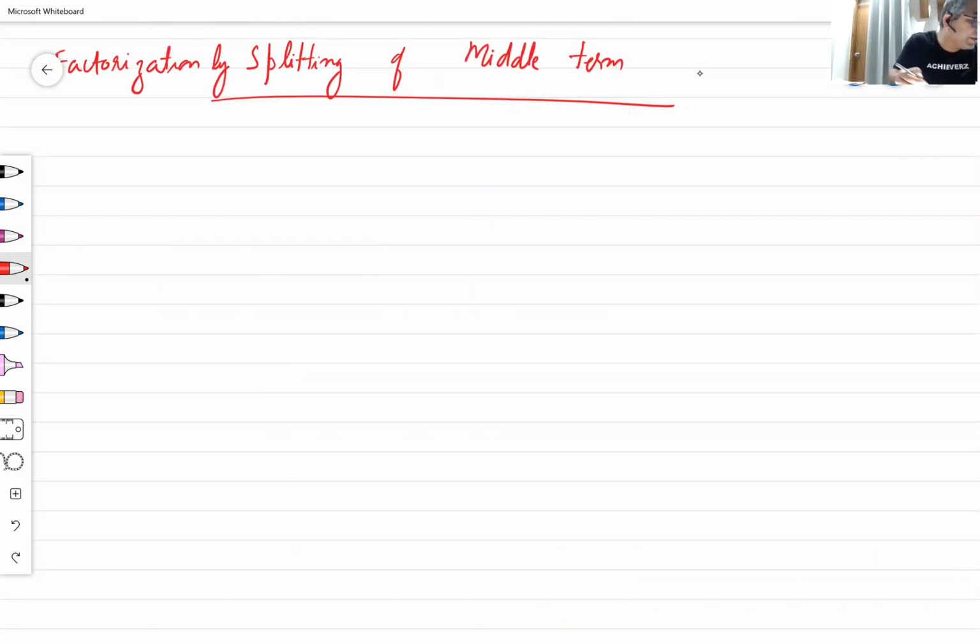So let's think about another question. The question is x square plus 9x plus 20. I will do it once again for you, and then the next question you will all attempt, right?